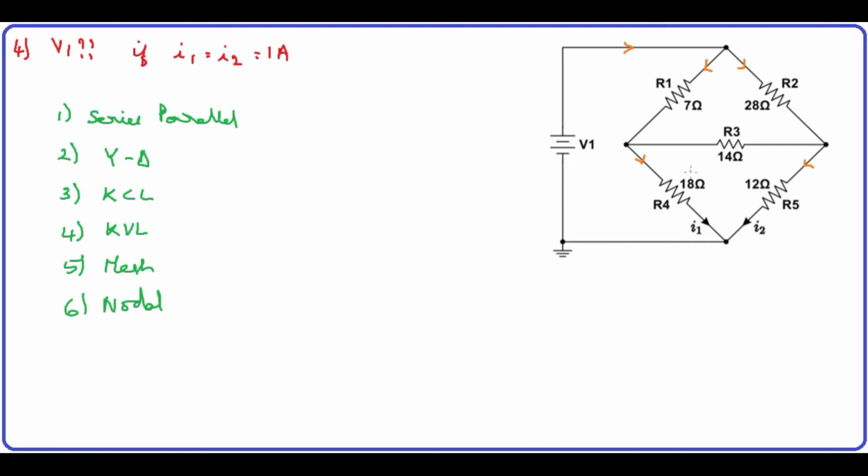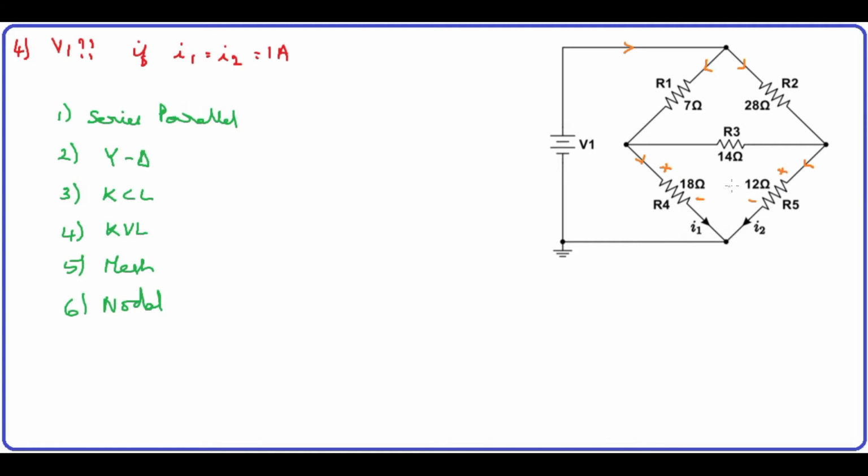As the current is starting, touching this terminal first, this is positive and this is negative. Similarly this is positive and this is negative. But we need to proceed with one loop, so let me go ahead.